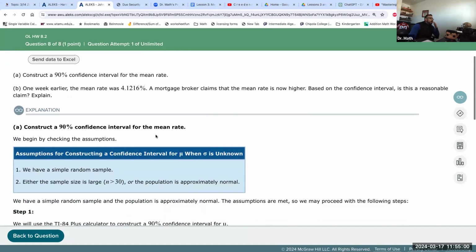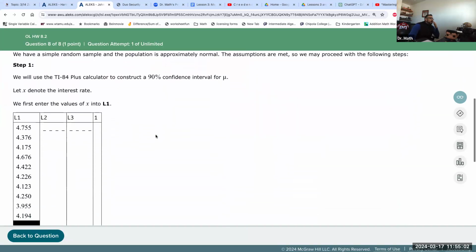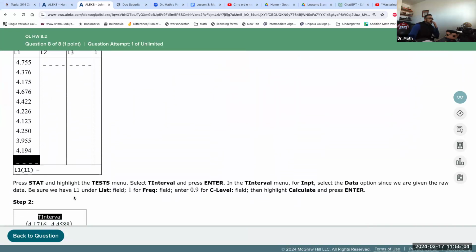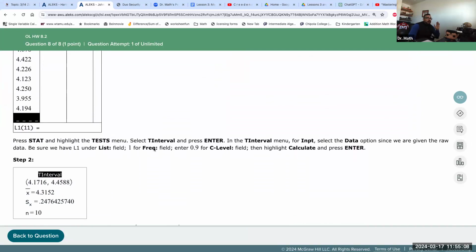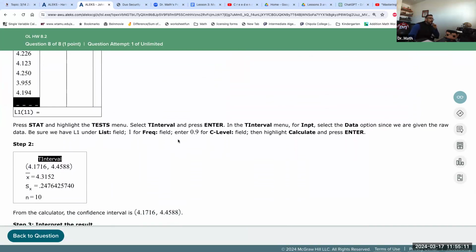You're going to enter all your numbers in, press stat, and then go to test, tInterval, just like we just did. Make sure you provide the confidence level, in this case 90%.